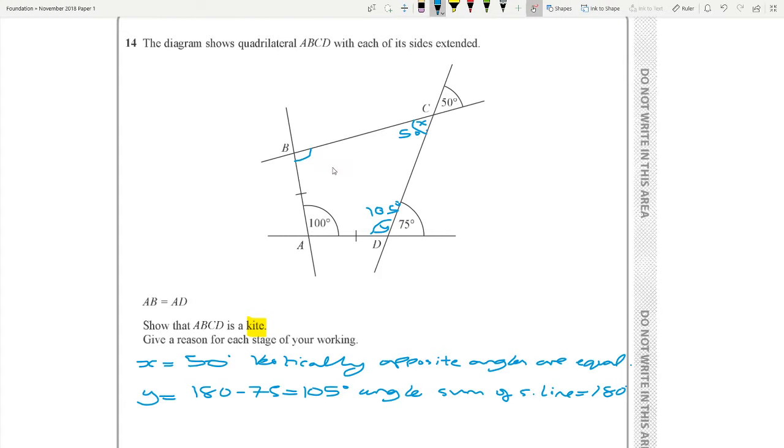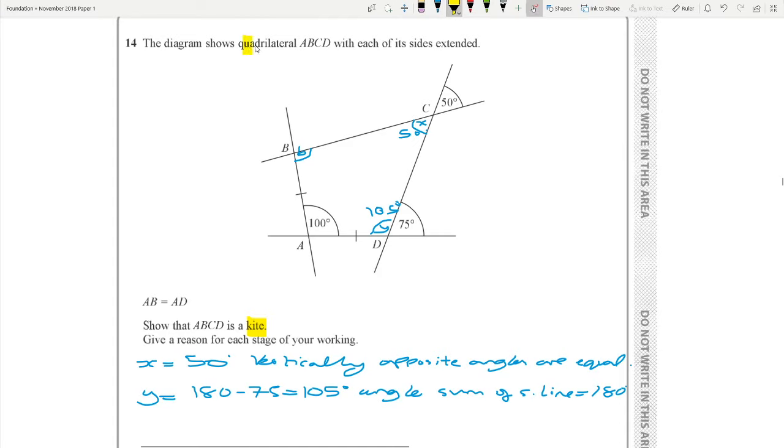Let's call this angle B. What would angle B be? Now don't tell me it's 105 because it's the opposite angle to this. Obviously we know that's going to be the case because we're trying to prove it's a kite and we know these two angles are going to be the same. But what's another way that we can find this missing angle?